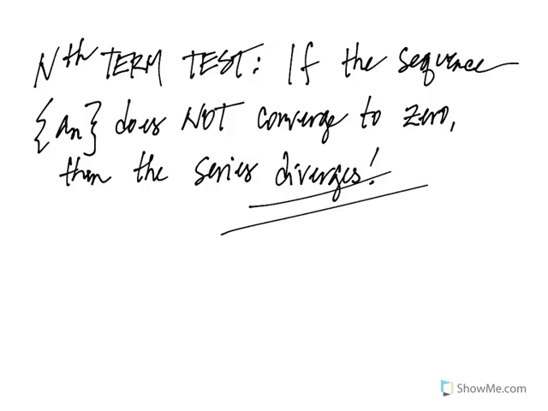If the sequence a sub n does not converge to 0, then the series diverges.